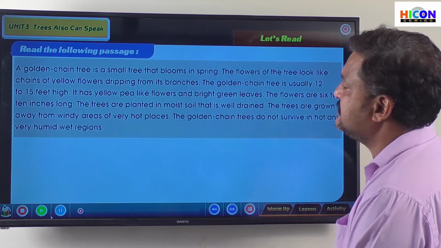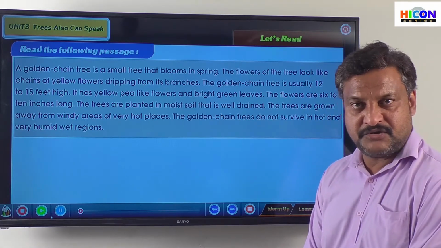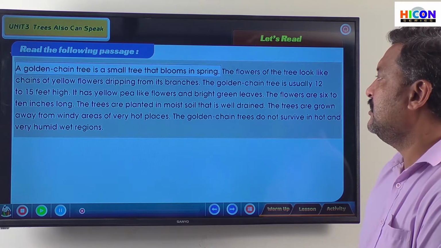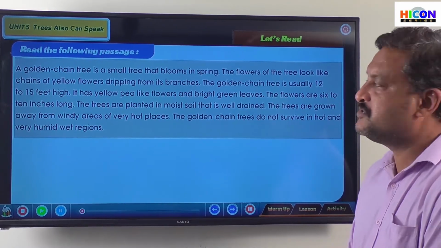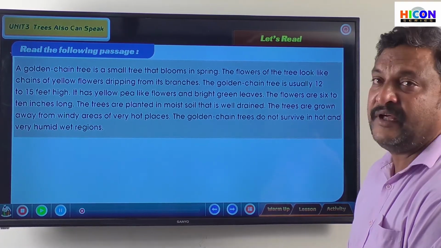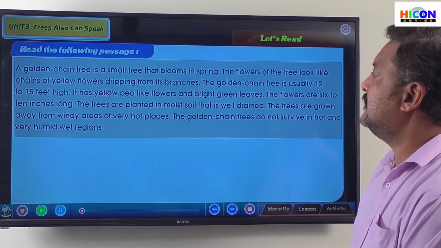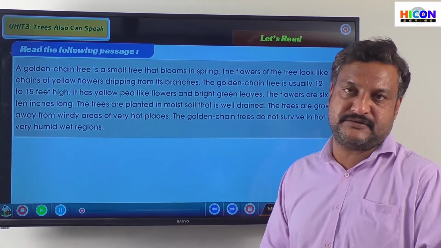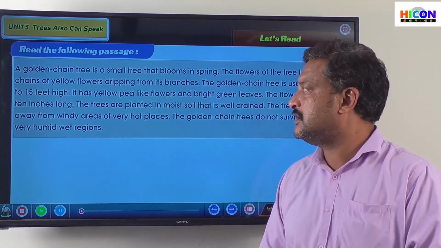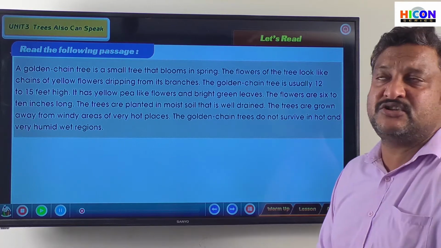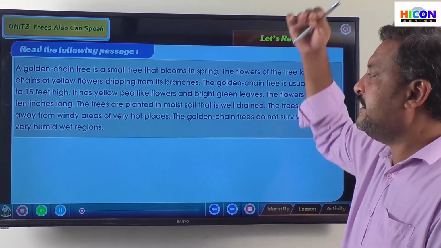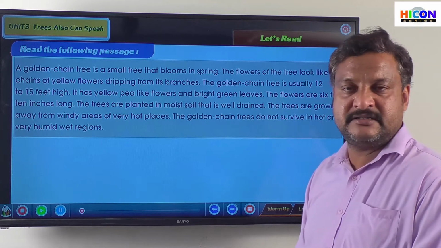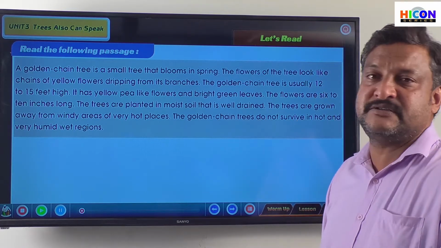So this is a passage about a tree. The name of the tree is a golden chain tree. Okay. So it's a tree that blooms during the time of spring, and the flowers are like a chain of yellow flowers dripping from its branches. Okay. So the tree is usually 12 to 15 feet high, and the flowers are 6 to 10 inches long.